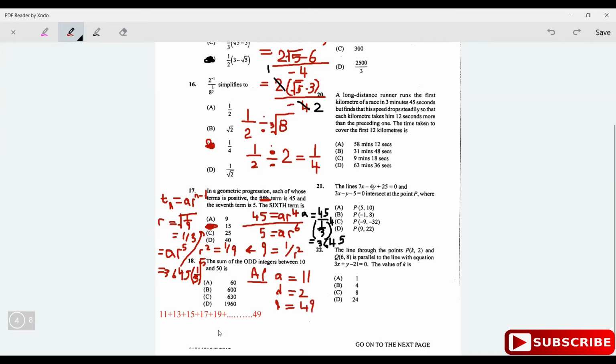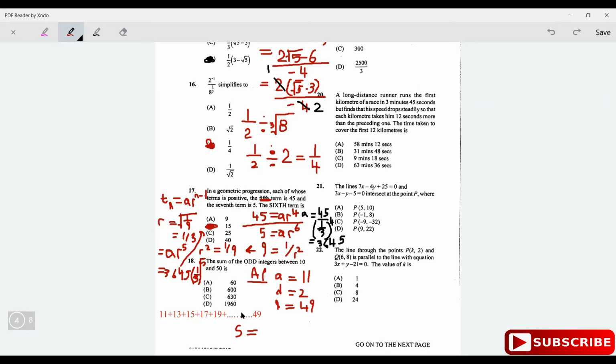So the sum of all the terms, how many integers is this going to be? If the last term is 49, there are 25 terms in this expression.